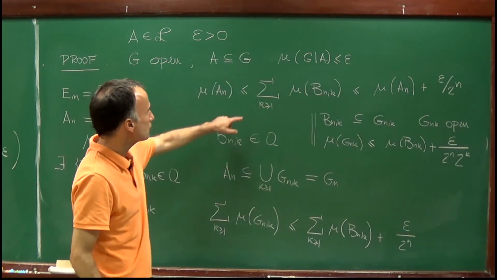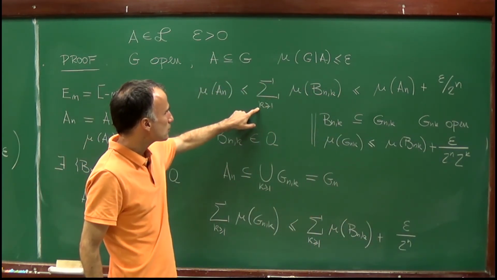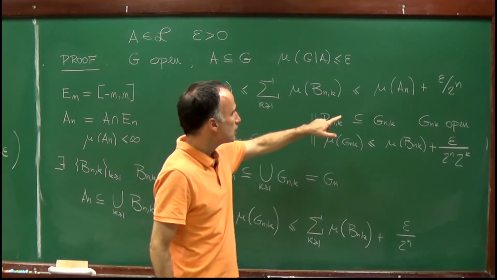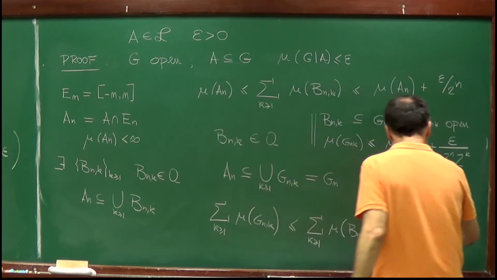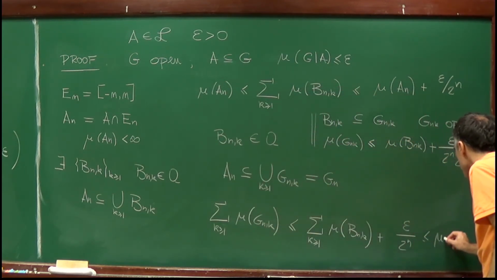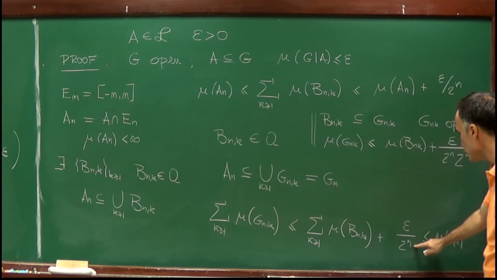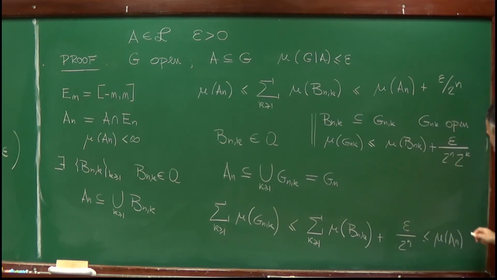And now let's use the property of B_n,k. The sum of the measure of B_n,k is bounded by the measure of A_n plus epsilon to the power 2n. So this is less than or equal to the measure of A_n, so there is one epsilon over 2n and another one, so there is 2 epsilon over 2n.